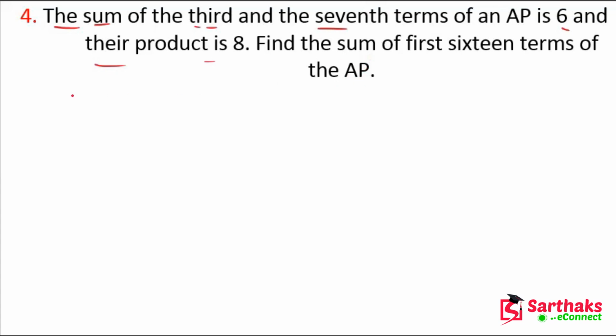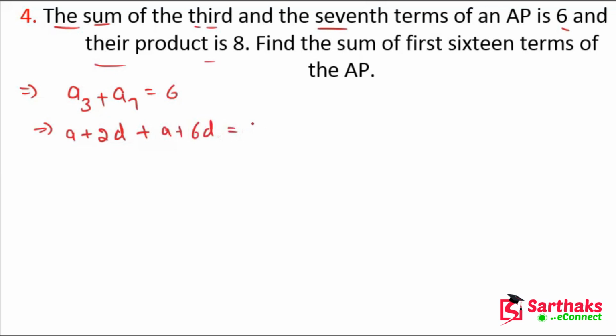First of all, the given condition is the sum of the third and seventh term, meaning A3 plus A7 equals 6. Now if we solve it, we know the value of A3 is A plus 2D, plus the value of A7, which is A plus 6D.